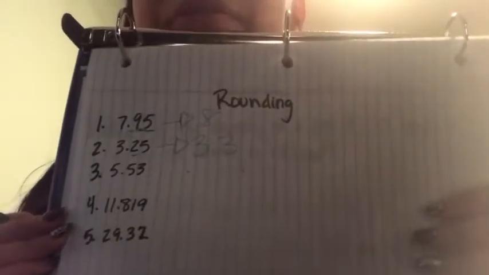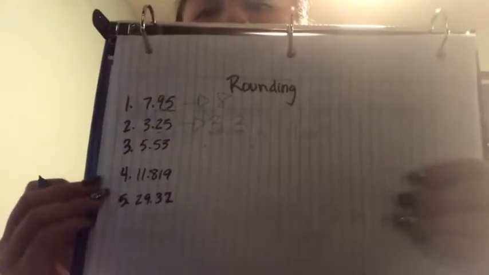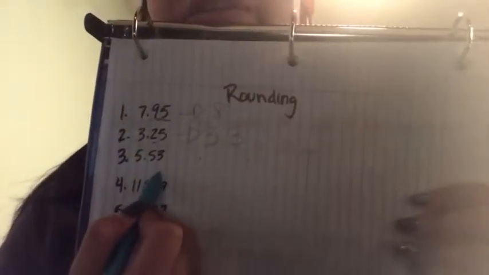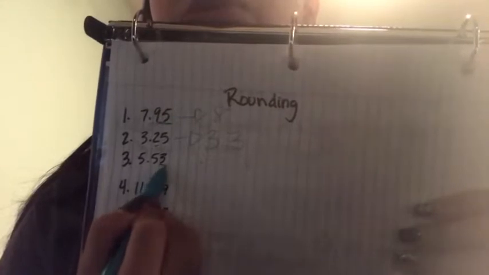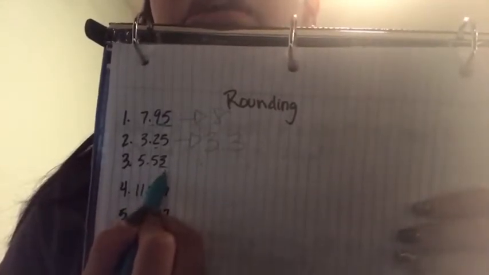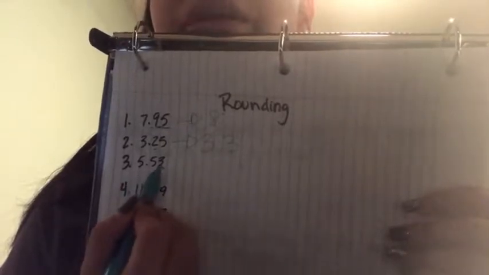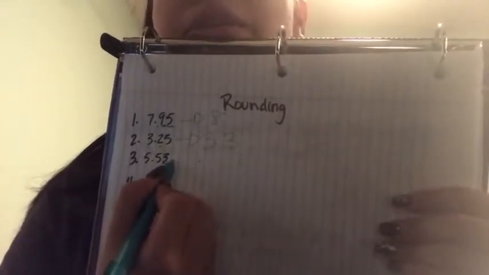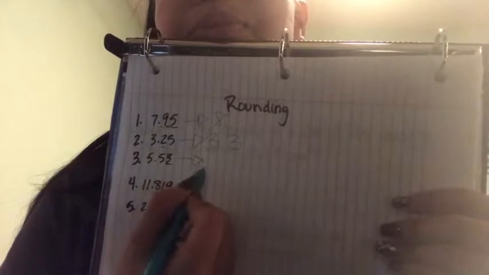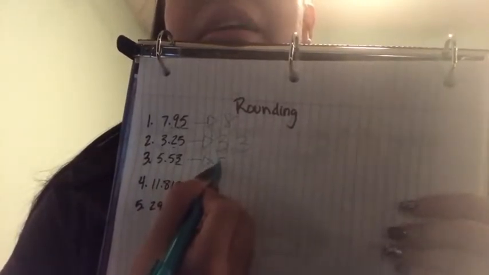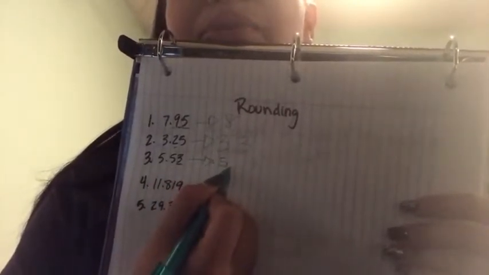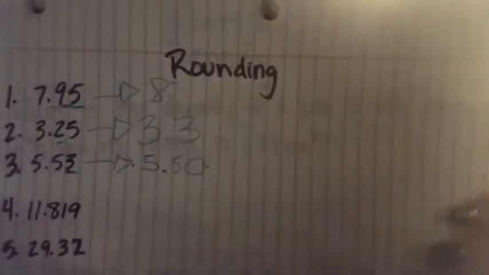Next we have 5.53. Since we're rounding, the 3 is less than 5, so for that scenario, we would have to round down. So in the end, it would be 5.50, like that.